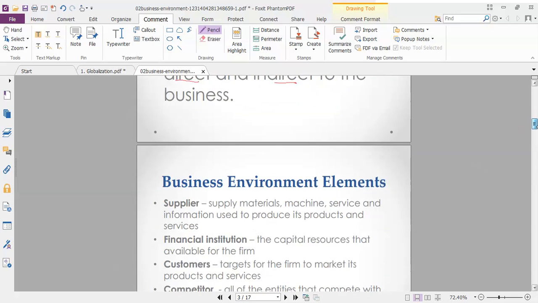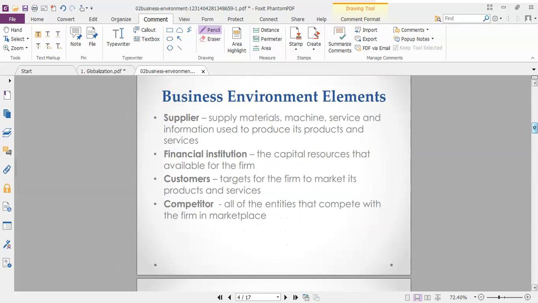So that we call this business environment. So what are the business environment elements? We have the suppliers, financial institutions, customers, competitors. That element is business environment.